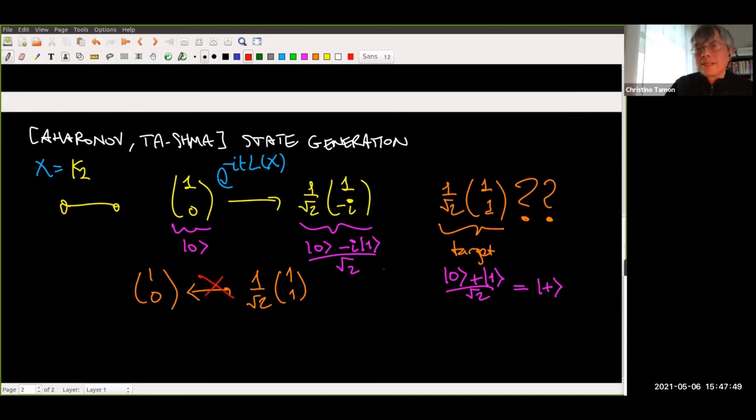Okay, so next question: can we tickle K2 so that this is possible? Can we do something to K2 so that the answer here is yes, I can do that? Can somebody suggest a modification to this graph so that we can really generate the plus state?